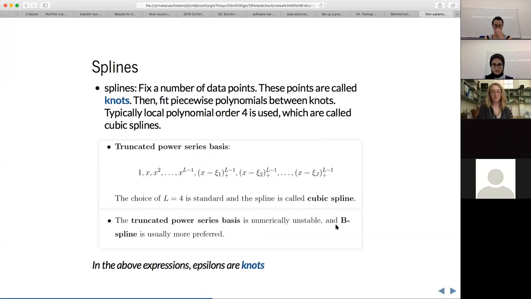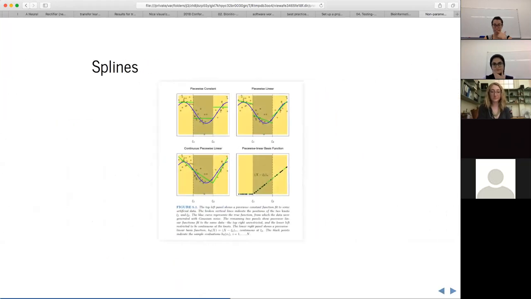I would like to refer you to the reference textbooks, one of which I have at the end of the slides if you're interested to read more about these splines. All good. This is a representation of what's happening with the splines.